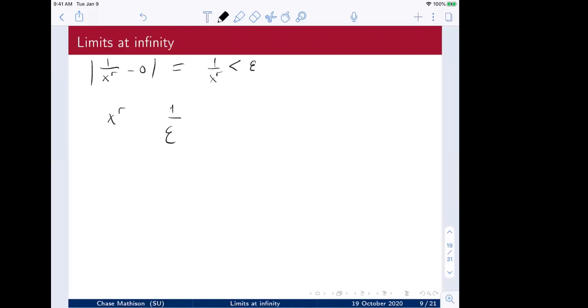Another way you could think about it is you could sort of cross multiply, but I don't like to use those words because people use them wrong all the time. So instead, we're just going to flip both sides and flip that inequality. And then what do I need to do?